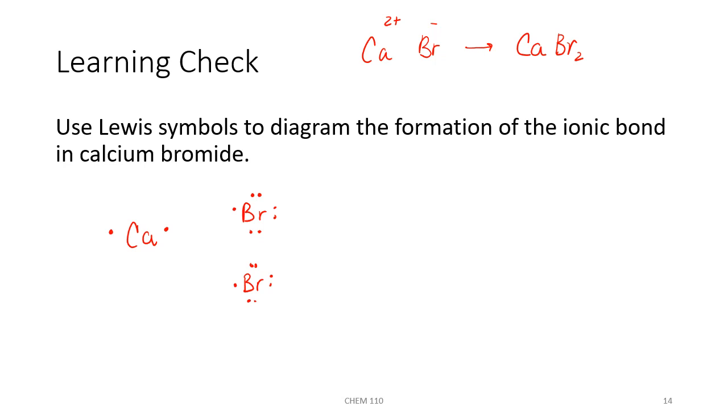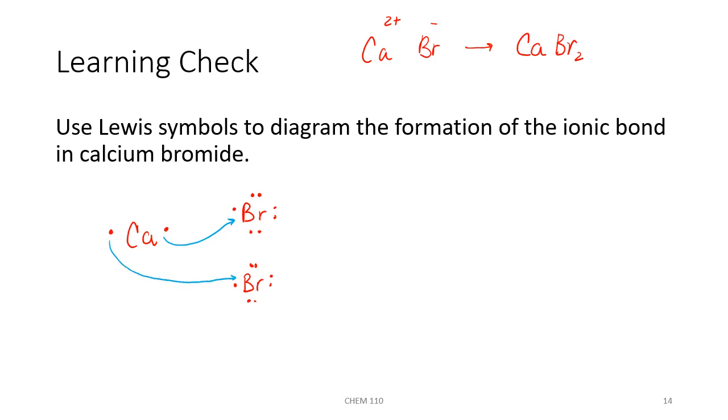When we form calcium bromide, we're going to see electrons transferred from the metal to the nonmetal, so they each can have a complete octet. Calcium will give up one of its valence electrons to one bromine atom to become the bromide anion. It'll give up another one of its valence electrons to the other bromine atom.